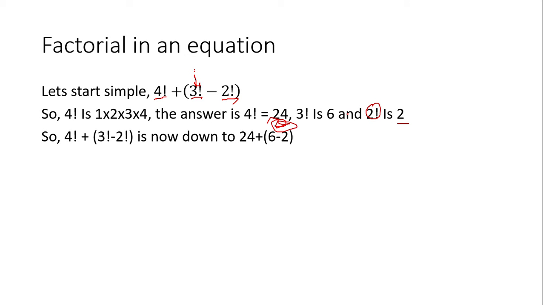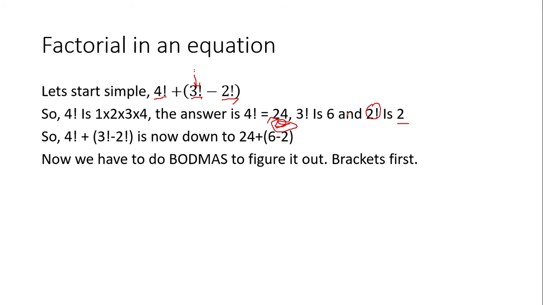So 4 factorial plus brackets 3 factorial minus 2 factorial is down to 24 plus brackets 6 minus 2, end brackets. Now we have to do the BODMAS to figure it out. B for brackets, O for order, D for division, M for multiplication, A for addition, and S for subtraction.